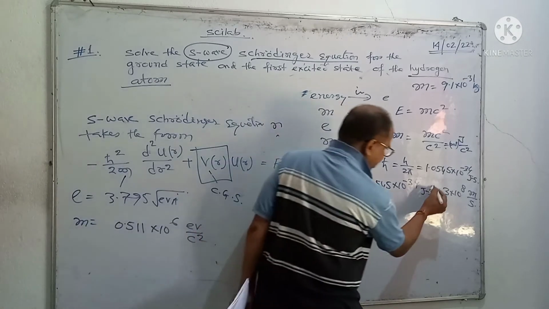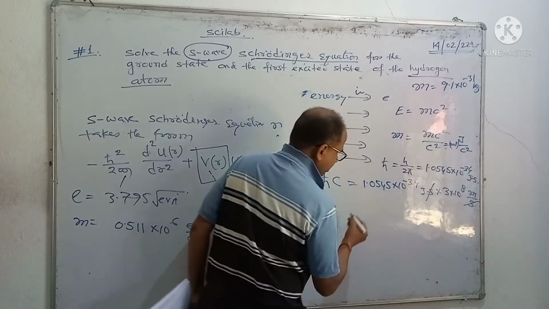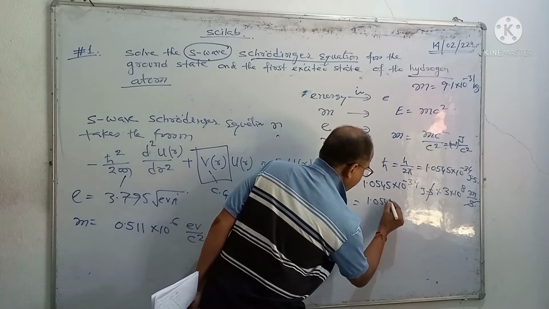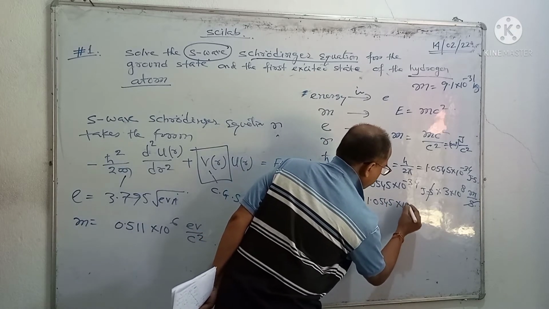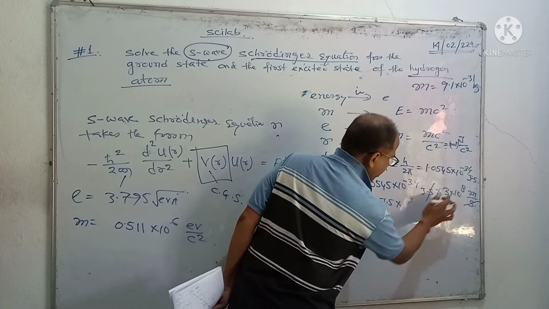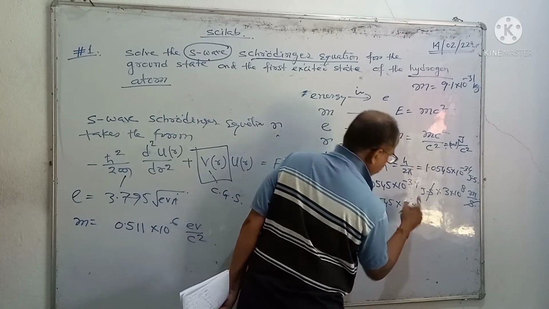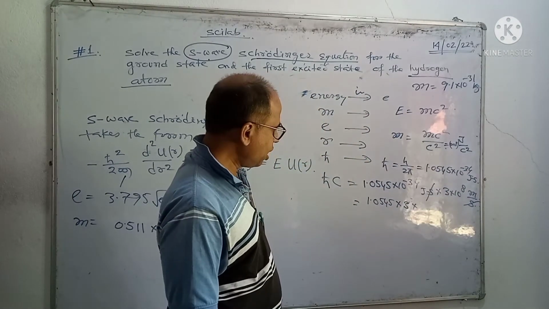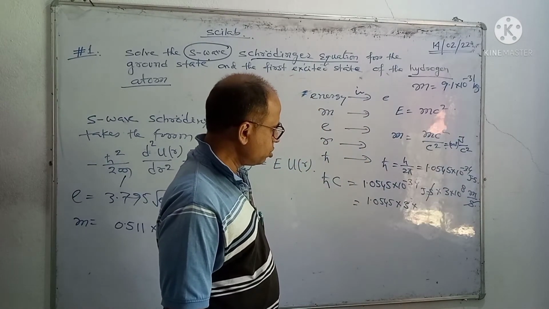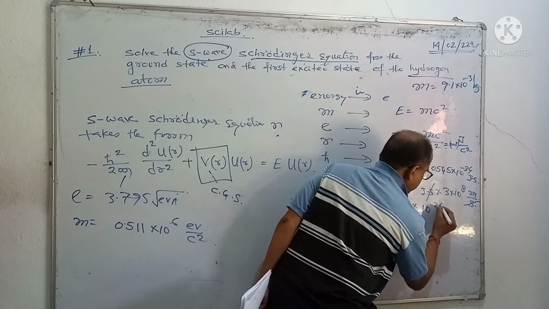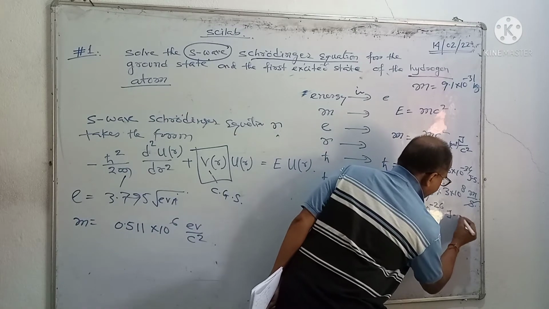Now second cancels out. Therefore, this is equal to 1.0545 into 3 into 10 to the power minus 34 plus 8, how much? Minus 26. Therefore, 10 to the power minus 26 joule meter.